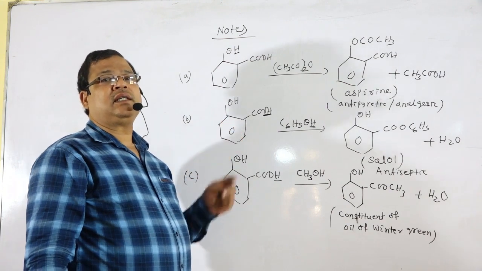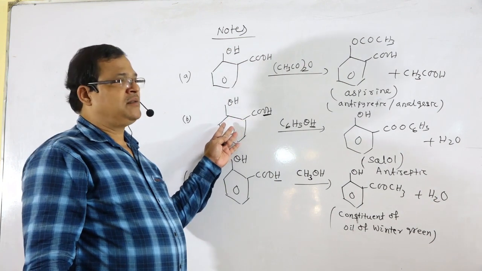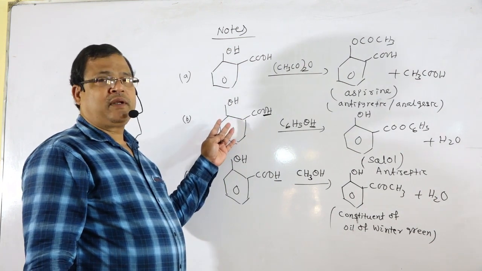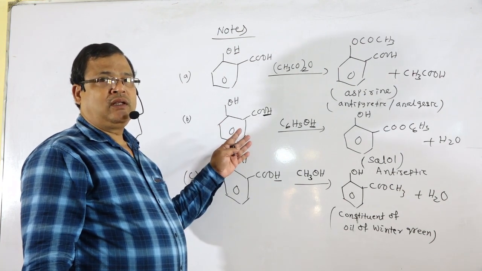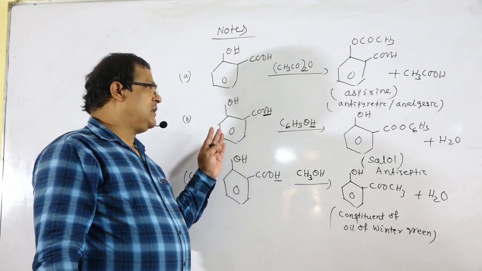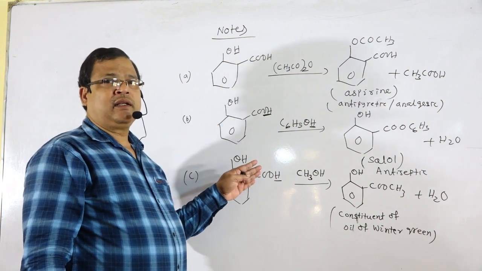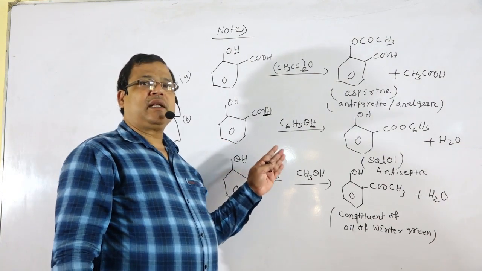But how is this salicylic acid obtained? We have obtained salicylic acid from phenol by treatment with carbon tetrachloride and NaOH at 343 Kelvin. That is known as the Reimer-Tiemann reaction.